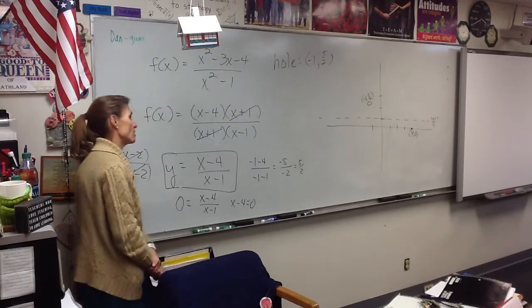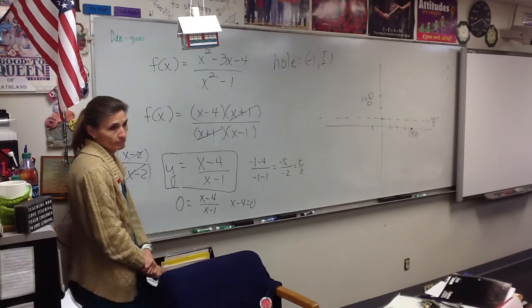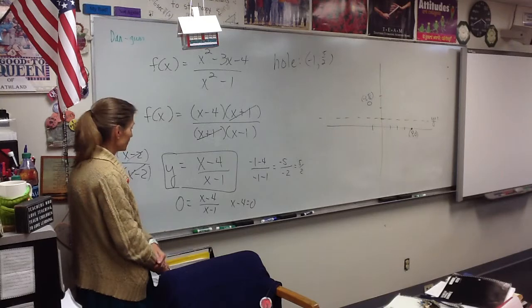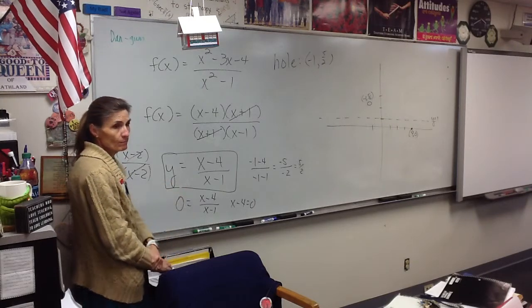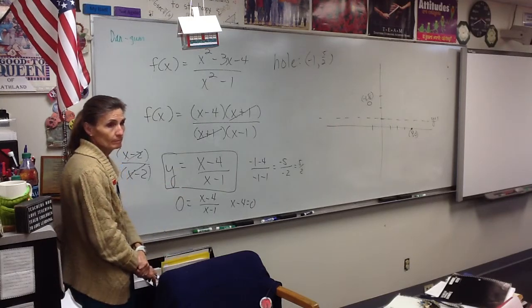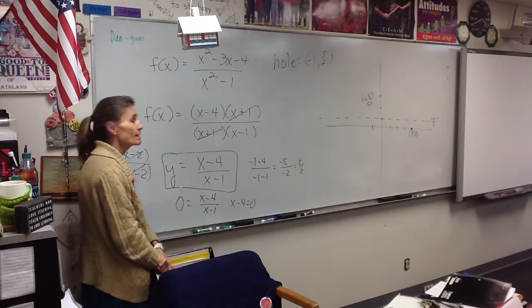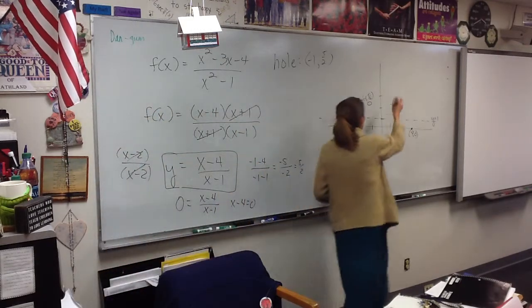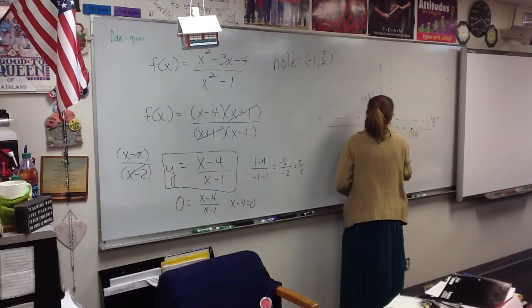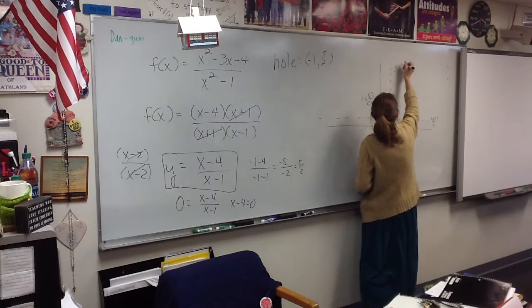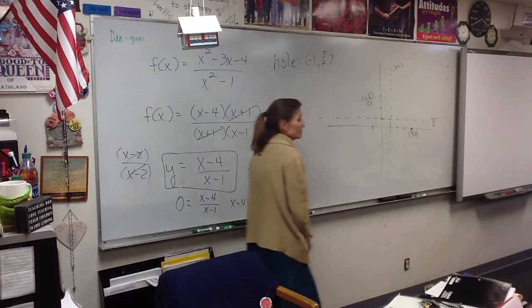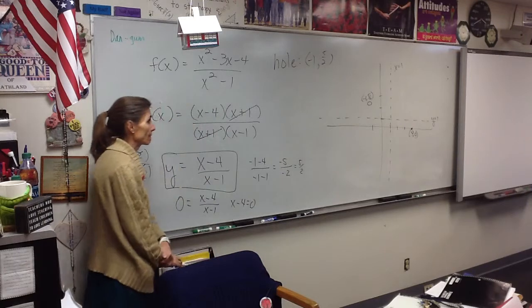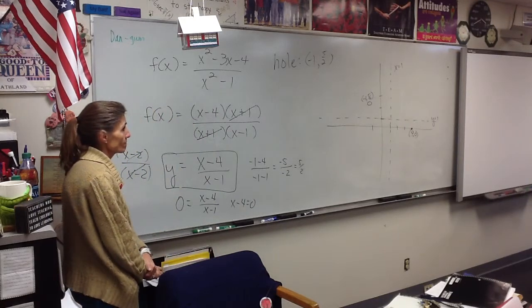Austin, what about a vertical asymptote? I have one. Where is it? Just 1. X equals 1. Because that's what makes the denominator 0. Now what am I missing?